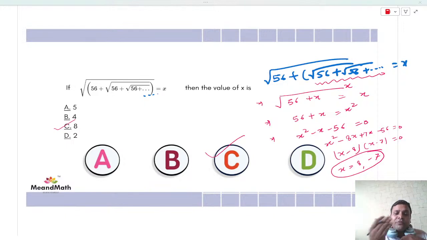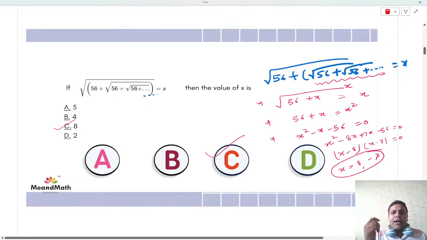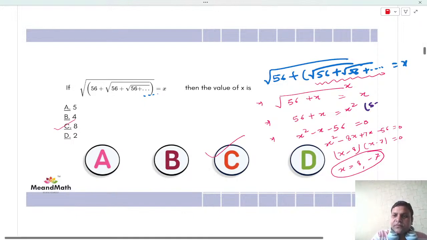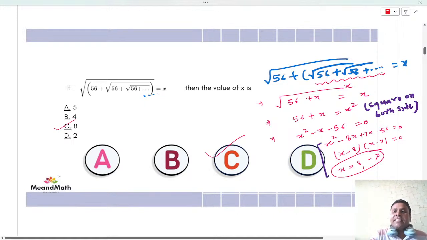If you want to remove the square root, you have to square on both sides. Then simplify. This method is known as splitting the middle term.